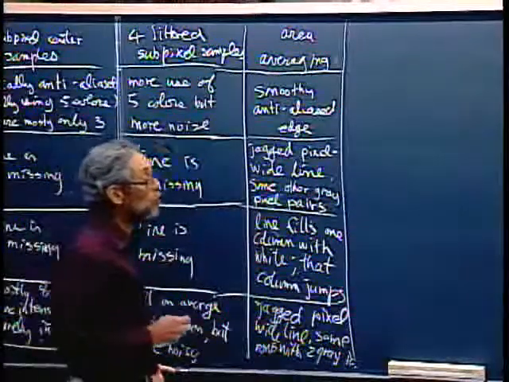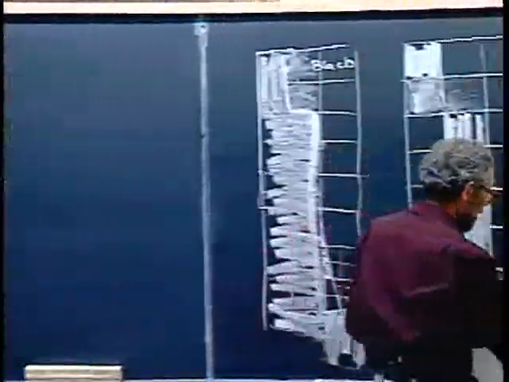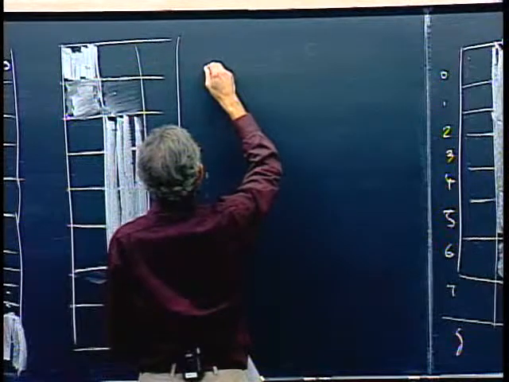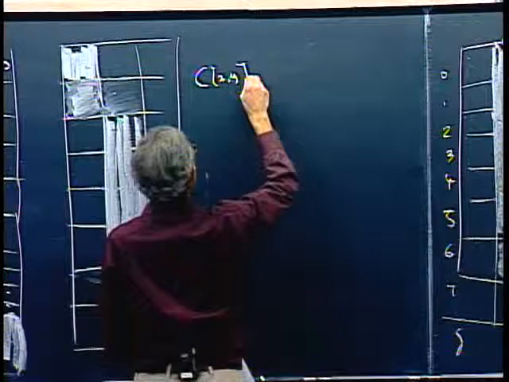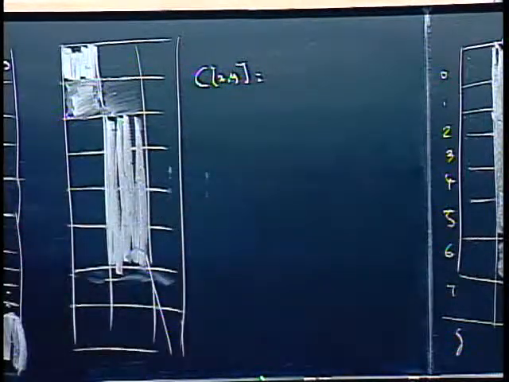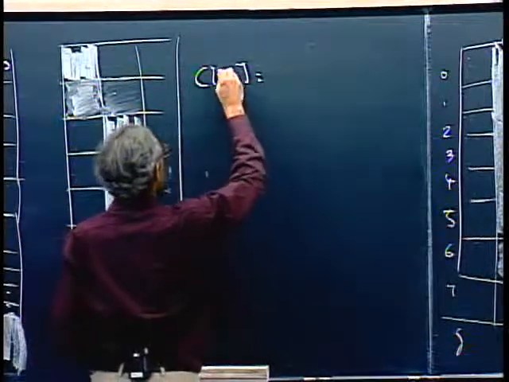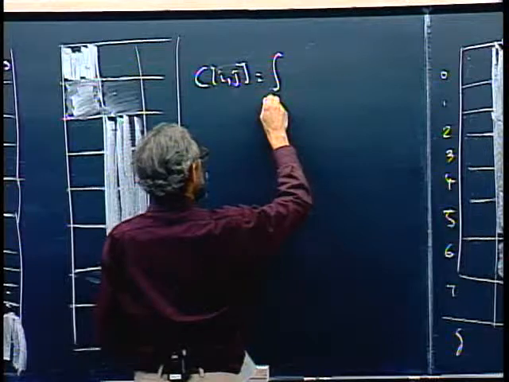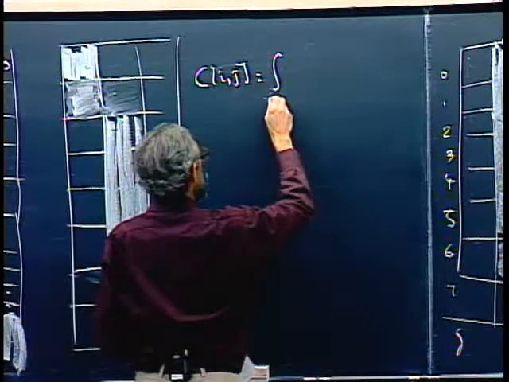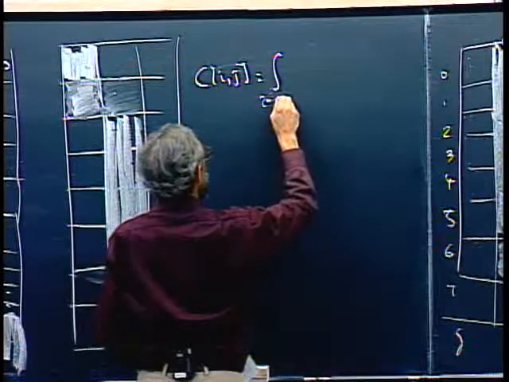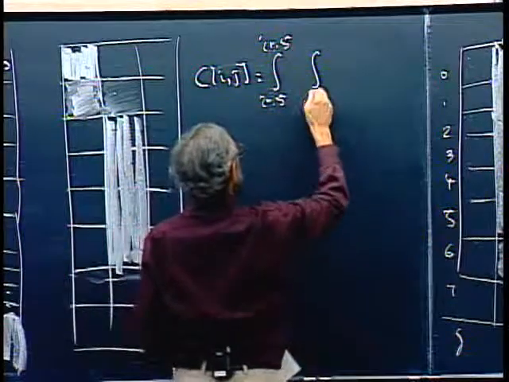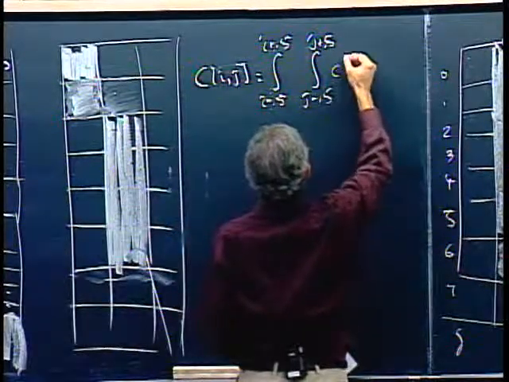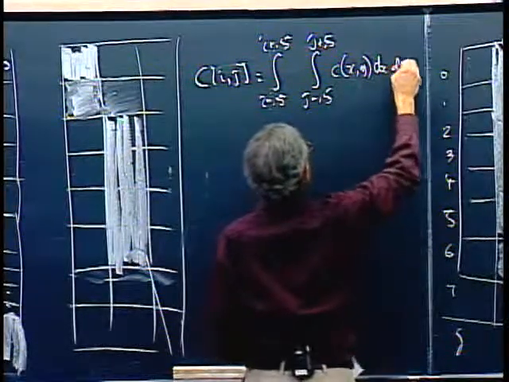Because basically what we're going to do now is, in the case of area averaging, the frame buffer color x, y, well, why don't I call it color IJ, that's for a pixel, is the integral from I minus 0.5 to I plus 0.5, integral j minus 0.5, j plus 0.5 of the color x, y, dx, dy.